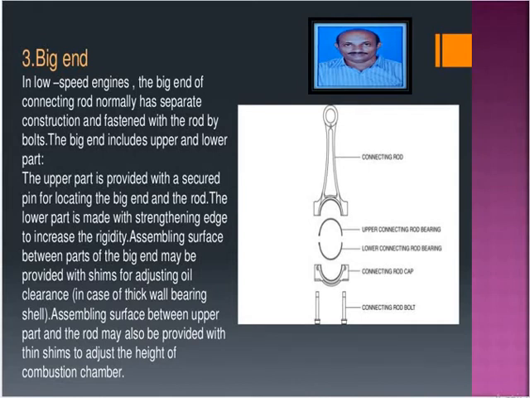The material generally used for the connecting rod is mild steel having 0.35 to 0.45% carbon, or alloy steels, chrome and nickel chrome molybdenum steels. The carbon steel has 0.35% carbon, and it has an ultimate tensile strength.